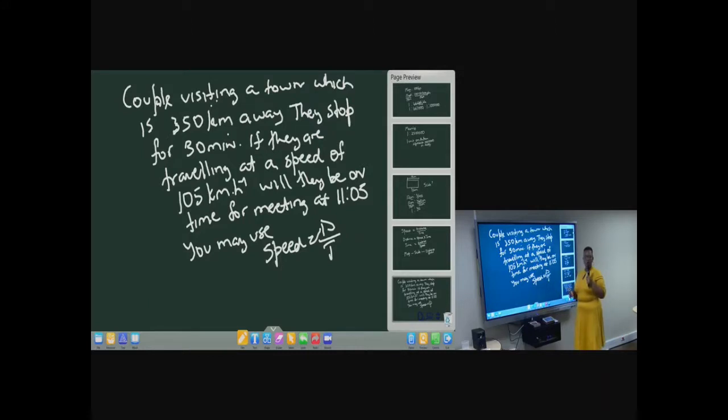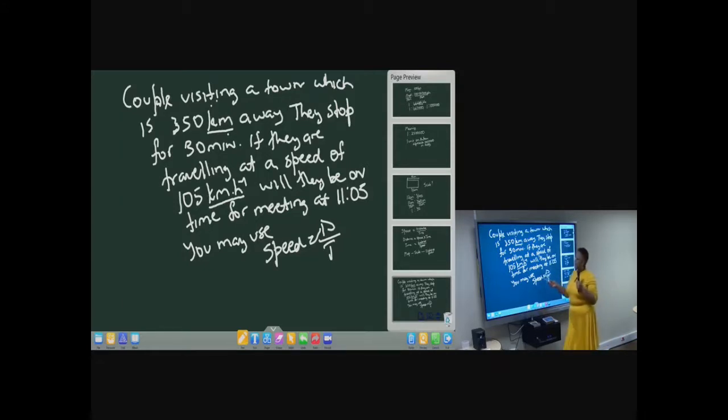Write notes on what is given. And you must always know that when it says kilometers per hour, it means it is speed. Kilometers is distance, because most of the time you find learners who are not able to understand what is given. You need to know that speed is given in kilometers per hour, distance is given in kilometers, and time is in hours.